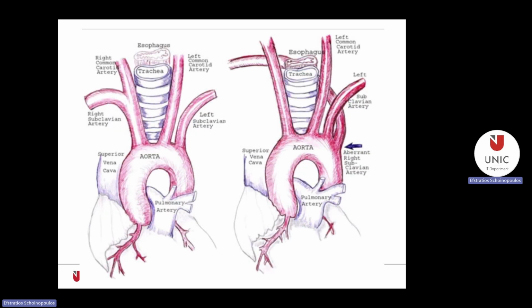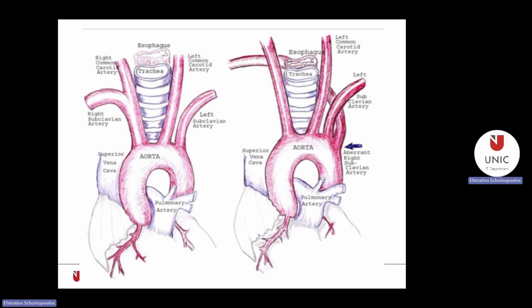So let me explain that to you. Here we can see the normal anatomic pattern. This is aorta. As you can see, the brachiocephalic trunk rises from the aorta, and then the right subclavian artery originates from the brachiocephalic artery and moves forward to the right arm. Here we can see the variation.